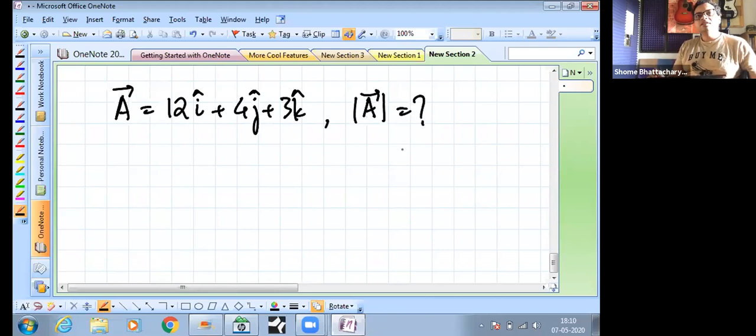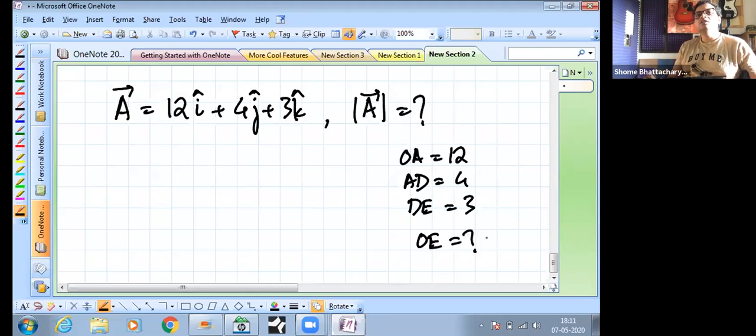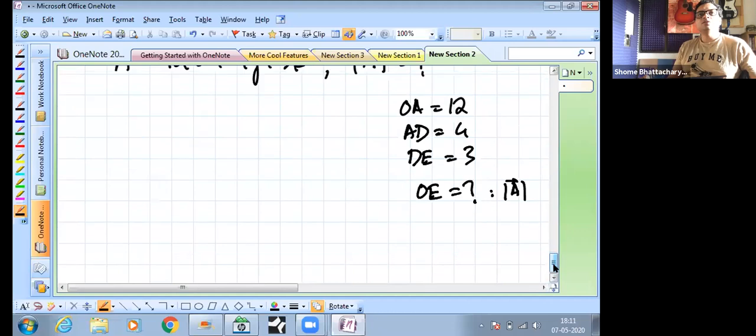It is like in that diagram, OA had a side of 12, then AD was of side 4, and DE was the side 3 meters. And now we wanted to find out OE. We wanted to find this because this is basically the magnitude of the vector. Going back, okay. So what we'll do is we'll apply Pythagoras theorem twice.